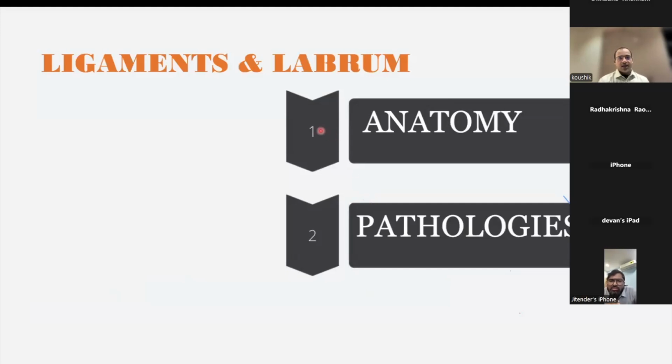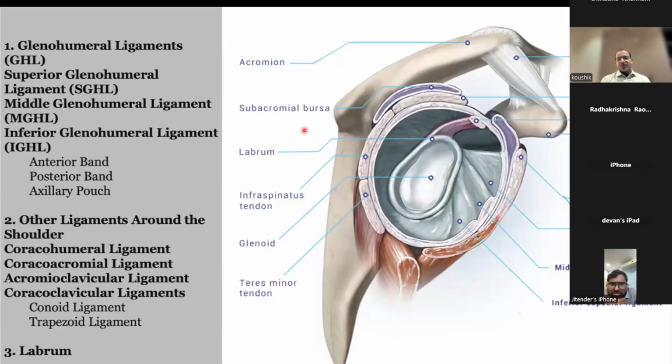Now let's come to the ligaments and labrum of the shoulder. So if we see the sagittal section showing the labrum, this is the labrum, glenoid labrum. This is our bony glenoid. Then the biceps tendon. This coracoid process, which is seen, this is the anterior part.